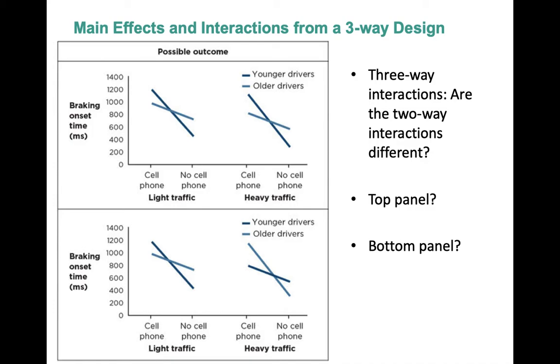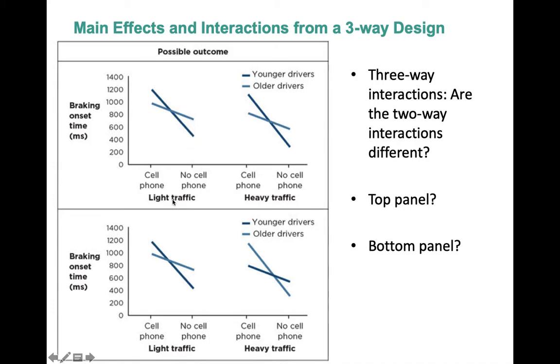What about this example? Okay, this is a little tricky. Here we clearly have a crossover interaction on the left side. So we can say that in light traffic, when talking on the cell phone, younger drivers brake slower than older drivers, but they're quicker to brake than older drivers when not on the cell phone.